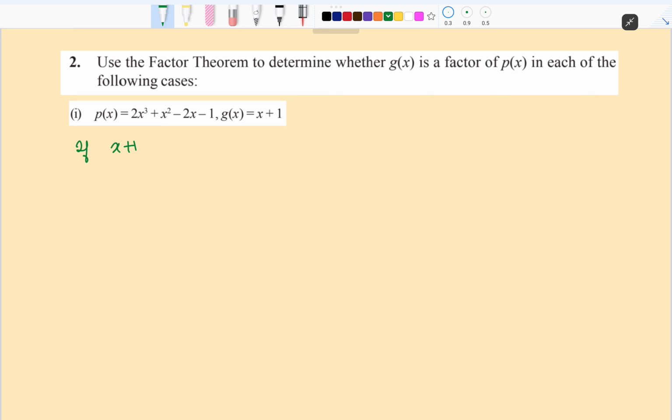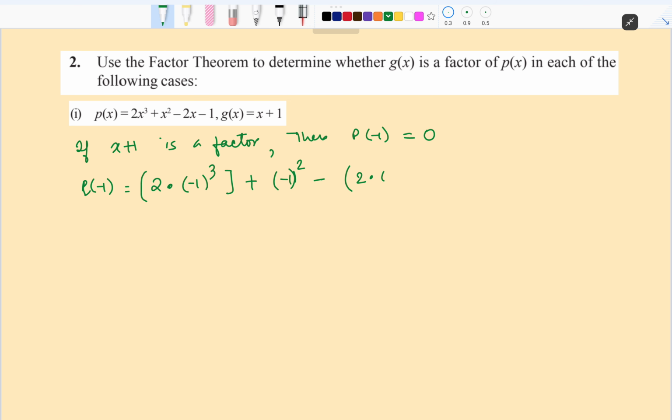If x plus 1 is a factor, then P of minus 1 should be equal to 0, correct? So let's look at P of minus 1. P of minus 1 is 2 times minus 1 cube plus minus 1 square minus 2 times minus 1 minus 1, right?